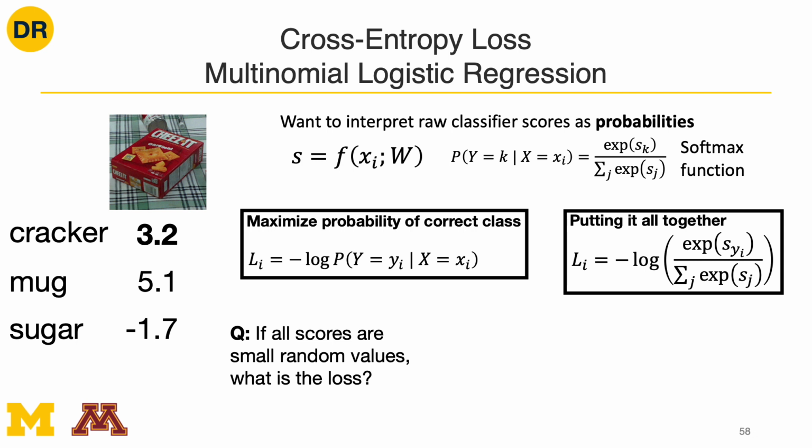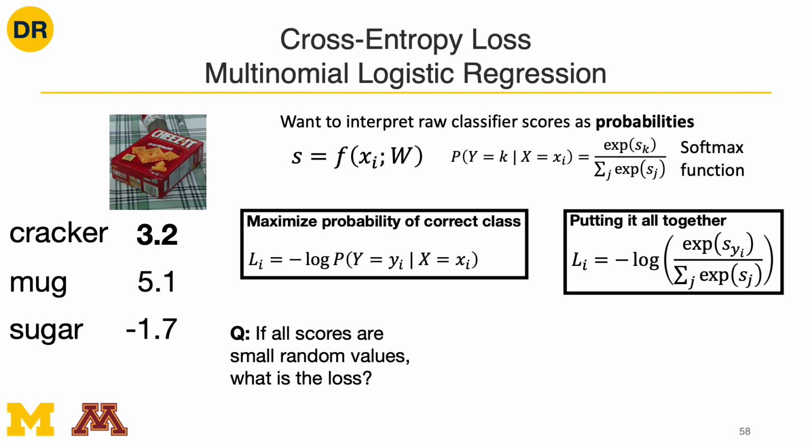I've got a few more of these questions, and we'll probably do a couple more of these breakaway discussions. But for the sake of time, let's consider: if all the scores are small random values, what would the loss be? Asking these kinds of questions is a really good debugging approach, a sanity check when you implement these loss functions, because you can test your implementations with random inputs to make sure you're getting roughly what you would expect.